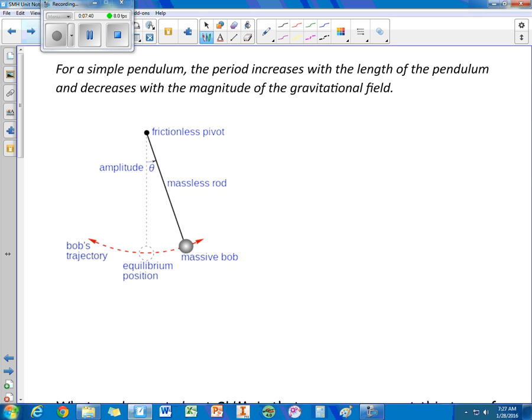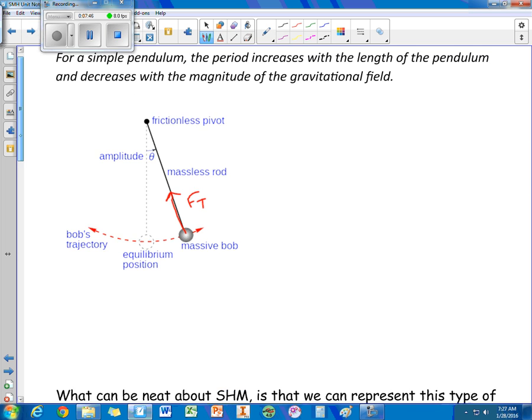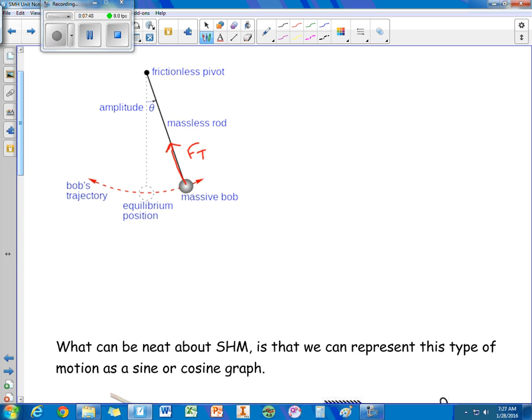So first off, I have a tension force. I have a gravitational force that's vertically down, and this gravitational force can be broken up into an x and y component.